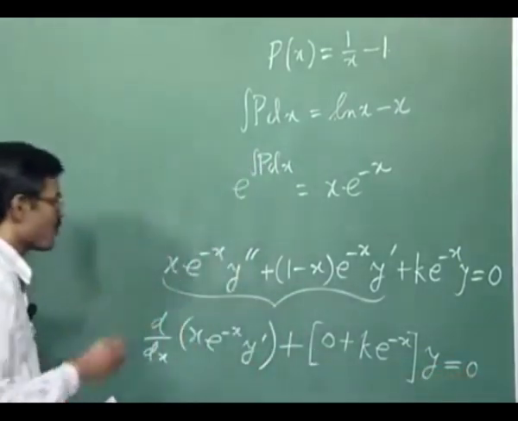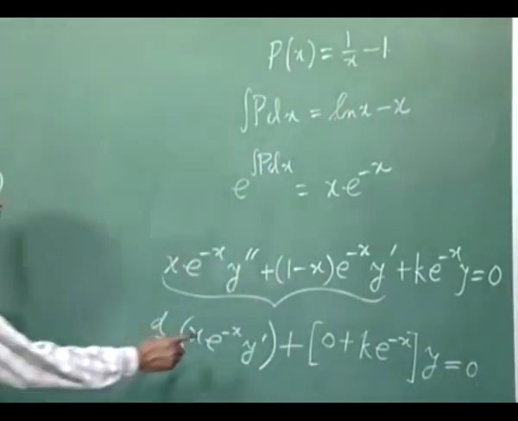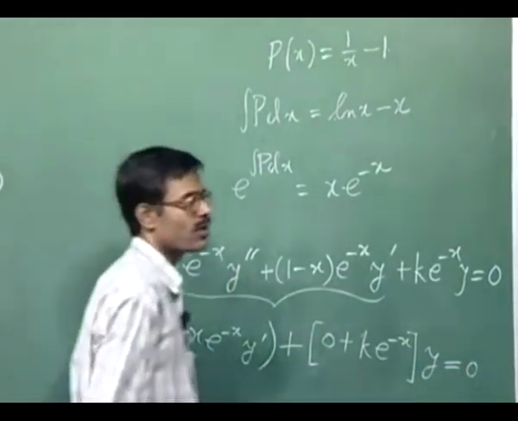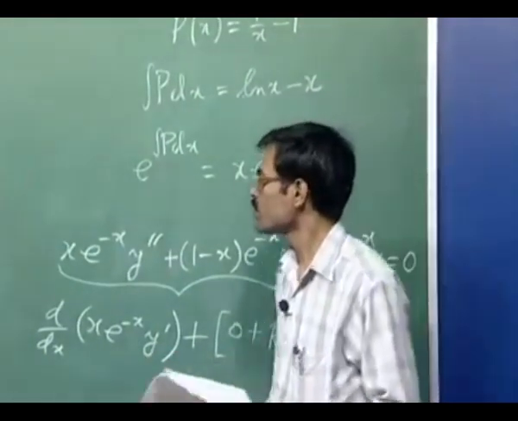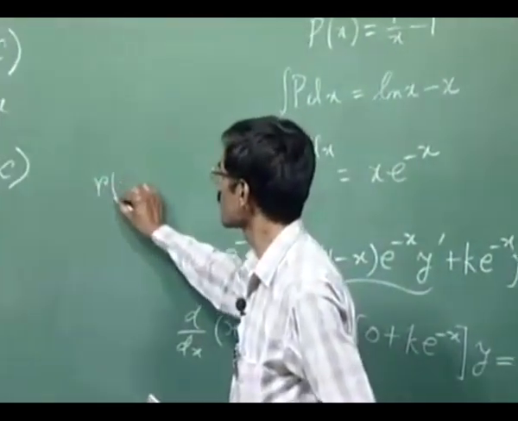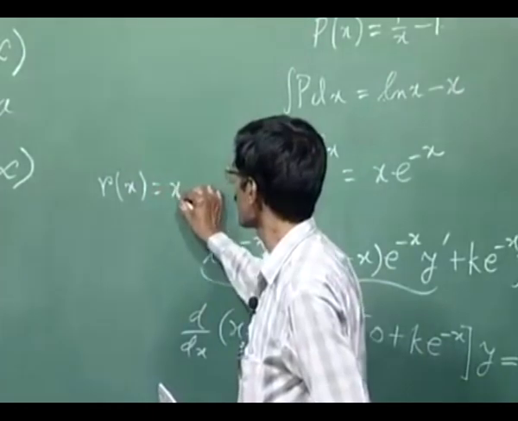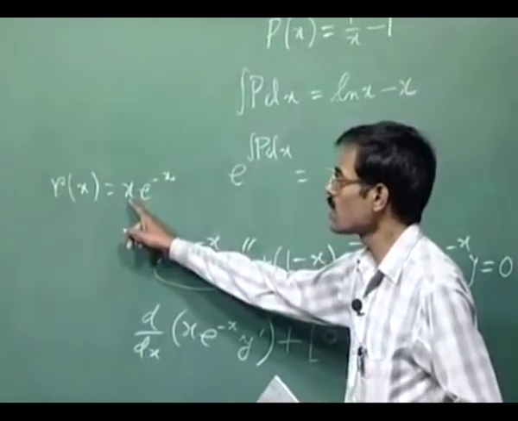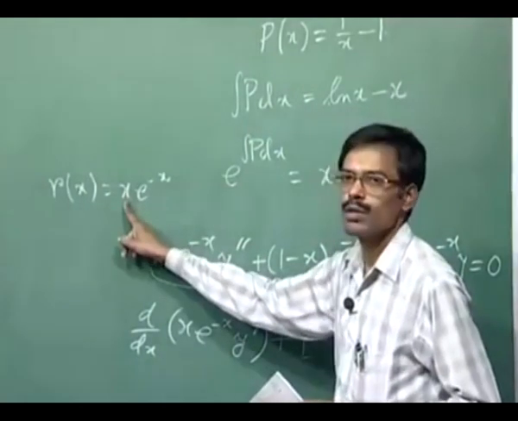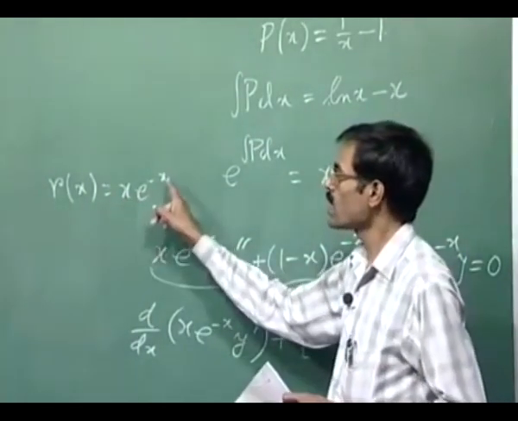So, for this problem we find that r x in the Sturm-Liouville equation turns out to be x into e to the power minus x, which is 0 at x equal to 0 and also at x equal to infinity.